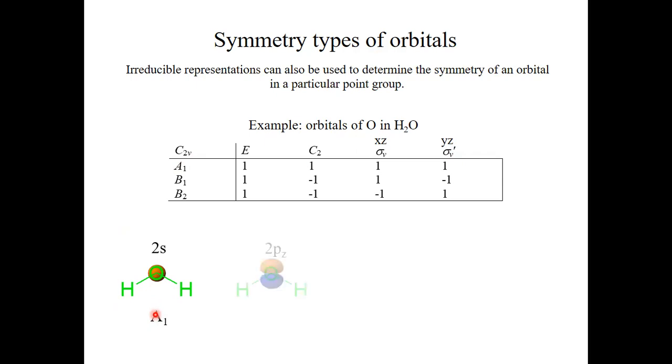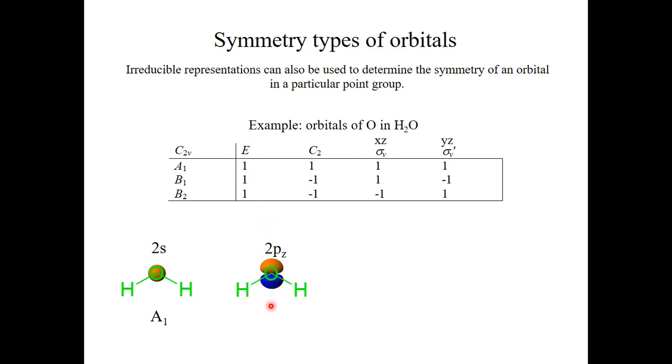Okay, now let us do this with another orbital, the 2pz orbital of the oxygen atom. So now, as we apply the identity, well, we would not expect that this orbital changes in any way. If we apply the C2 symmetry operation, we rotate around the z-axis, which stands here.